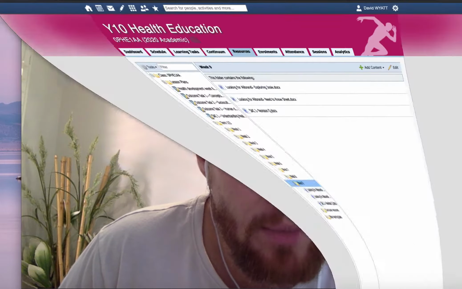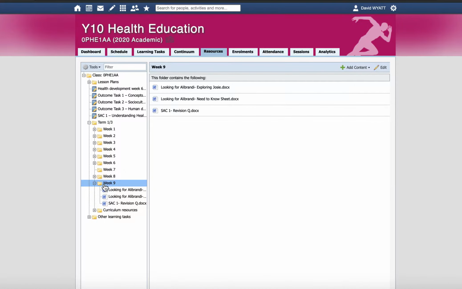So, what I'm going to do right now is show you a couple of things. Firstly, over in week 9 on our dashboard for Year 10 Health Resources, we've actually got 3 documents. 2 of them are about Looking for Alibrandi, and one of them is some revision questions. The reason why there's this double breakdown is because the SAC itself has 2 sections to it.